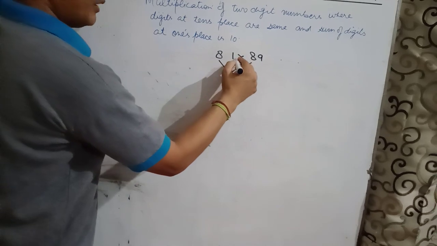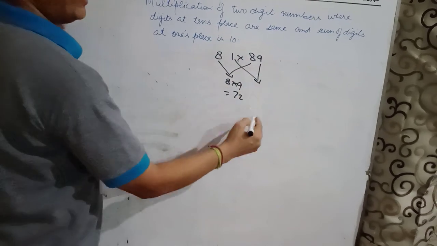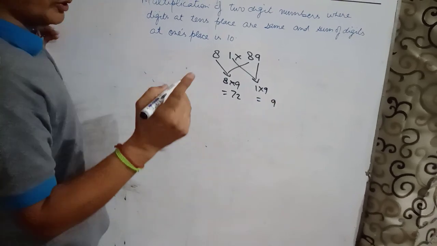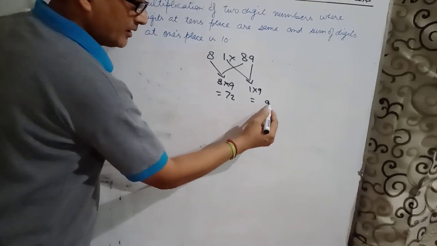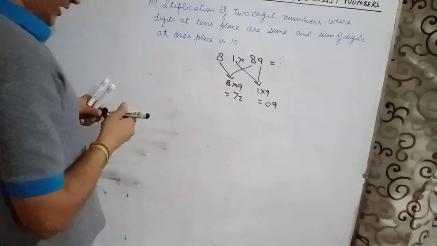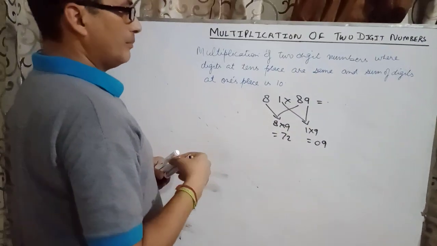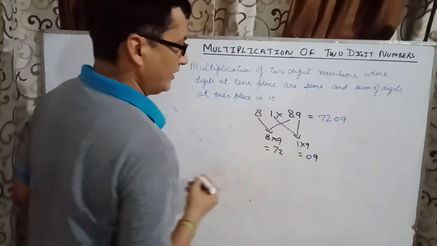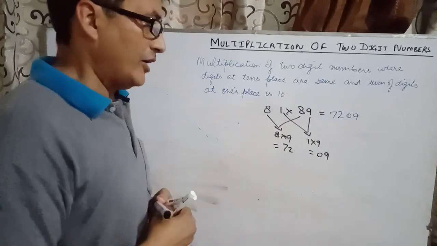Then the numbers 1 and 9, 1 into 9 is 9, but I told you that you have to write a two-digit number, so you have to put 0 before that. So my dear students, in this way your answer becomes 7209. Okay students, I hope you understand.